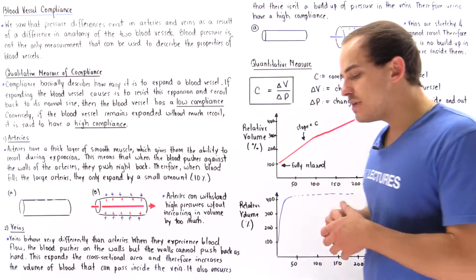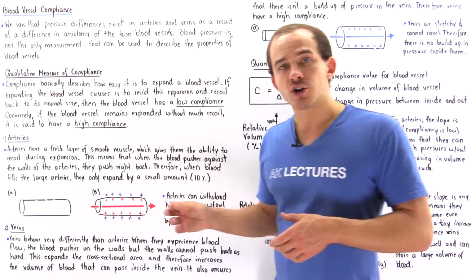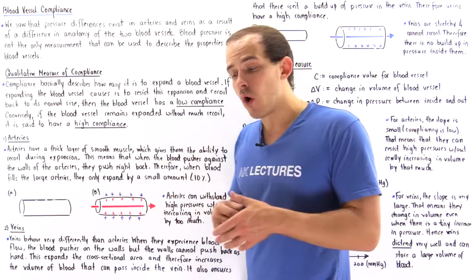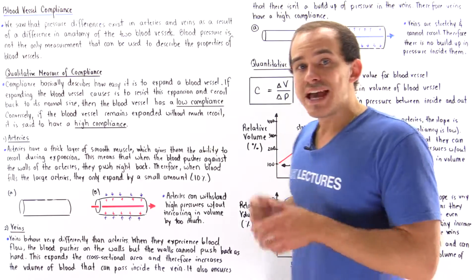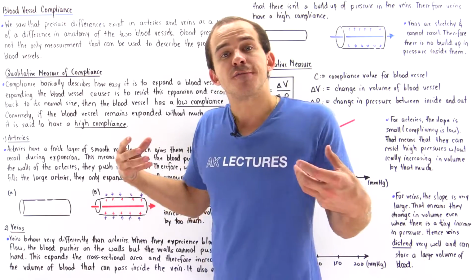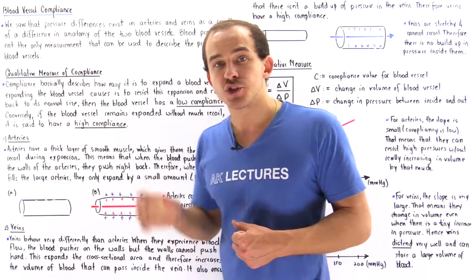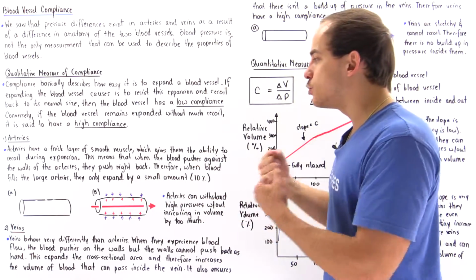So what this means is when the blood flows through these arteries and applies a force and a pressure on the walls of those arteries, as a result of that smooth muscle, the walls can exert a force back on that blood and resist that expansion. That is what we mean by recoiling back into place.